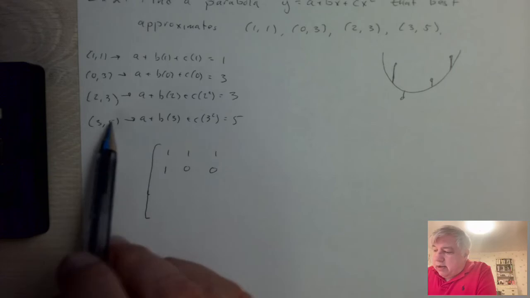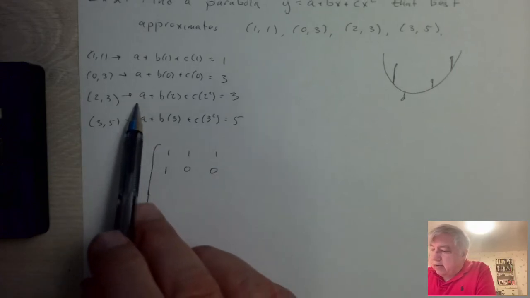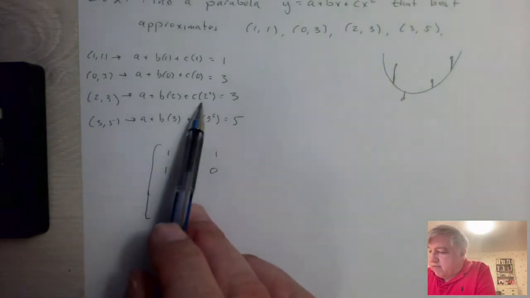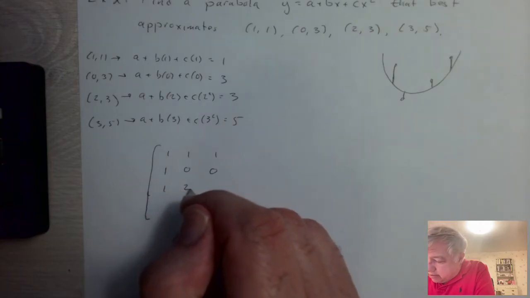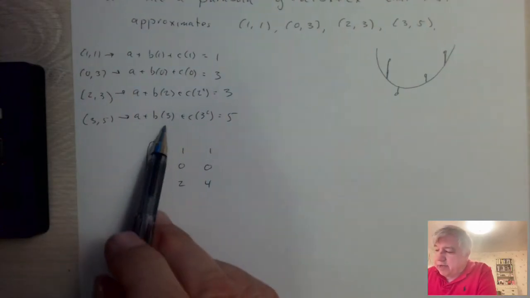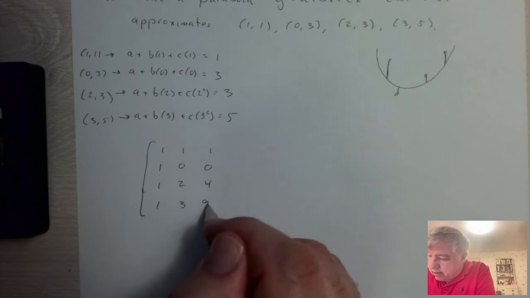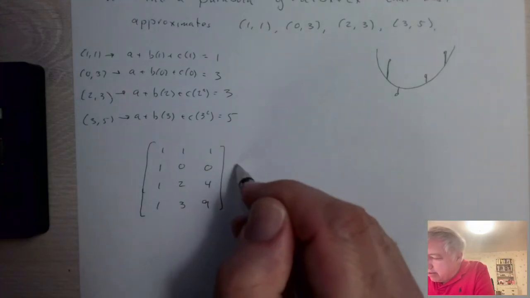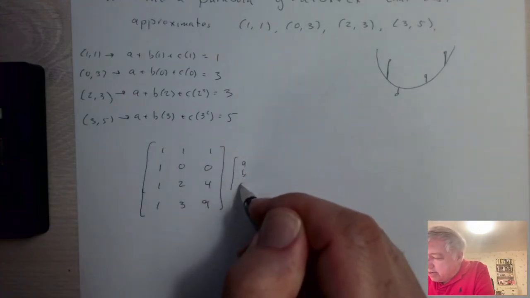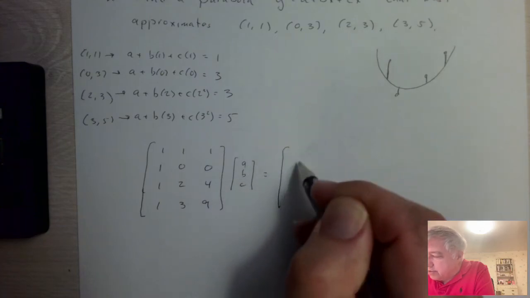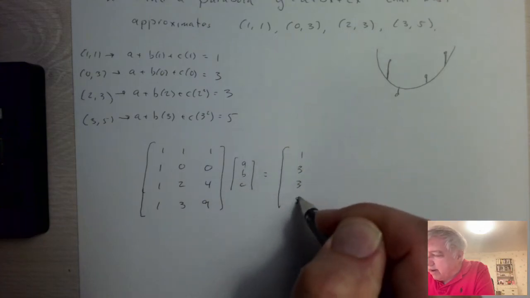Then 1 times A, 2 times B, 4 times C. And here we have 1 times A, 3 times B, and 9 times C. This times A, B, C is equal to 1, 3, 3, 5.